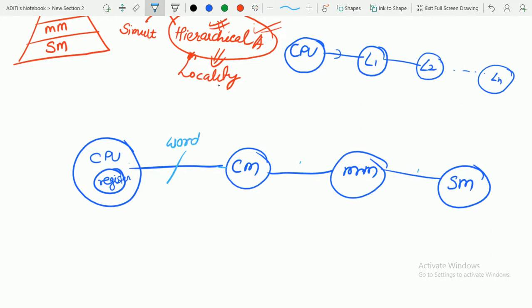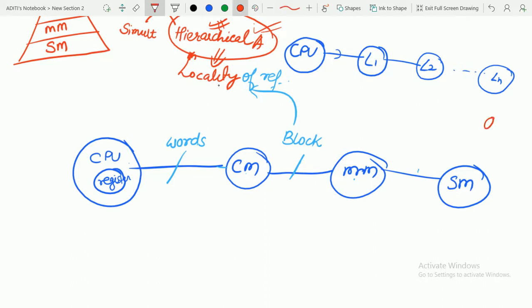We are accessing words from here. And from main memory to cache memory, we are fetching a block of memory to satisfy the locality of reference, then we are accessing a single word or words of data.